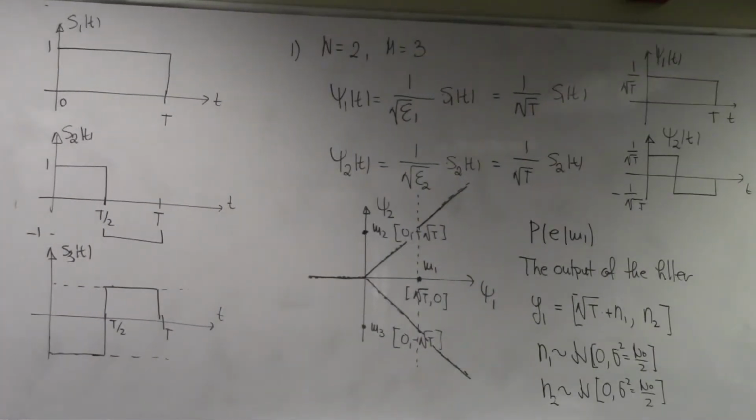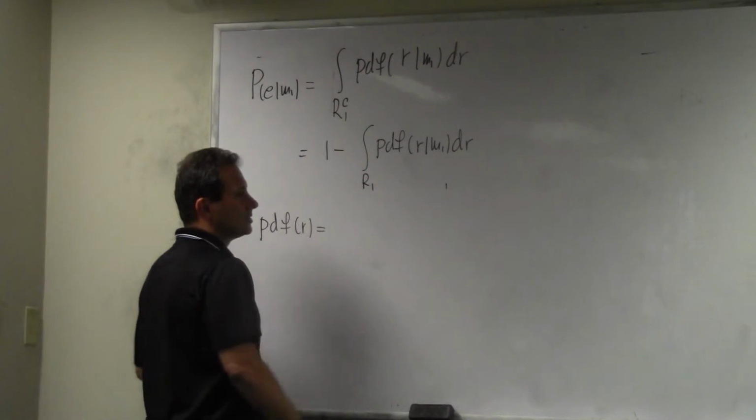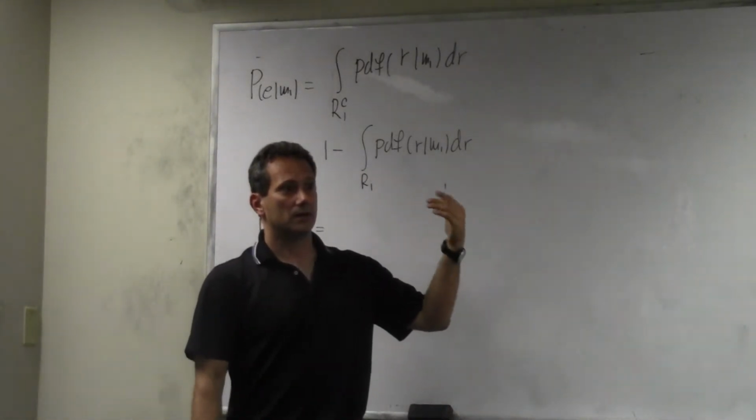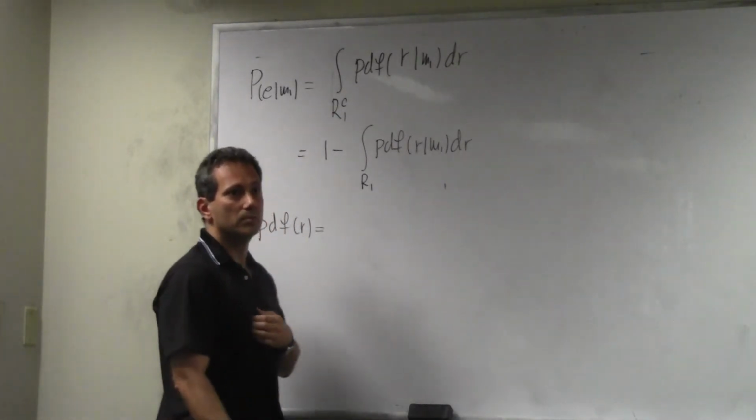The PDF of R becomes, since these two noises are independent of each other, the product of their two marginal PDFs.